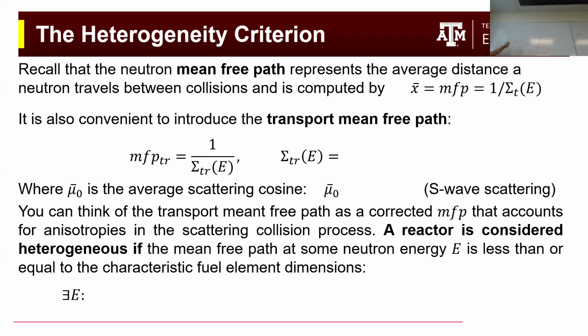And if that makes sense, then we can think about the mean free path for the total, and then the mean free path for the transport cross section. So how would I get the mean free path for the total cross section? Perfect, 1 over sigma t. We know sigma t is 10, so the mean free path for the total is 1 over 10, which is 1/10.